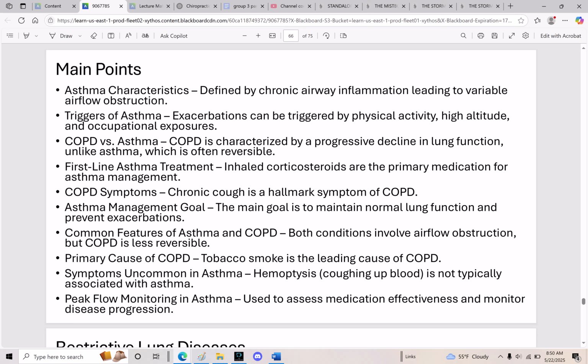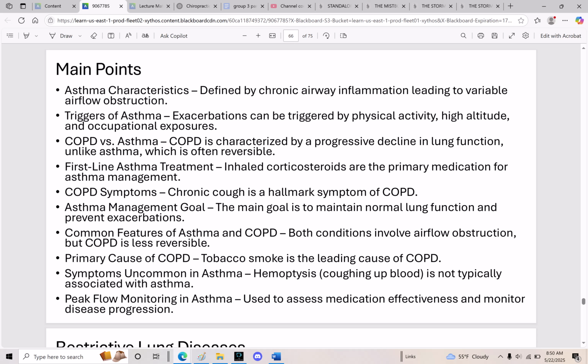So occupational exposure, right? COPD versus asthma. Just remember, COPD is characterized by progressive decline in lung function, unlike asthma, which is often reversible. Yeah. So you don't have reversibility when it comes to emphysema. However, in asthma, it's reversible.